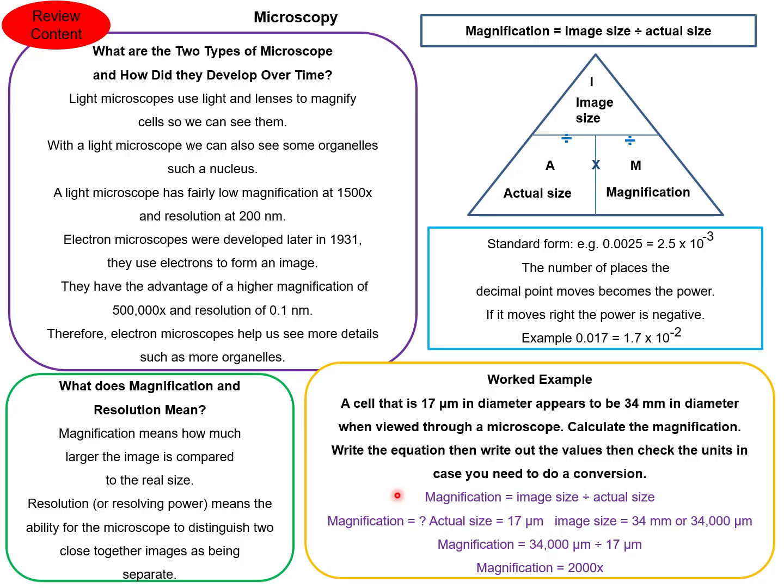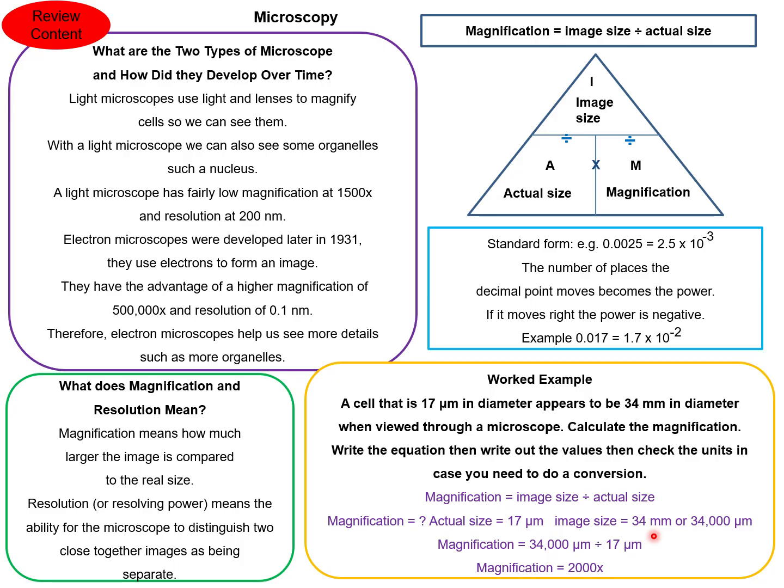So magnification equals image size divided by actual size. The magnification, we don't know that yet. The actual size equals 17 micrometers, and the image size is 34 millimeters, so we need to be working with both sizes in the same unit. So let's convert that millimeters into micrometers.